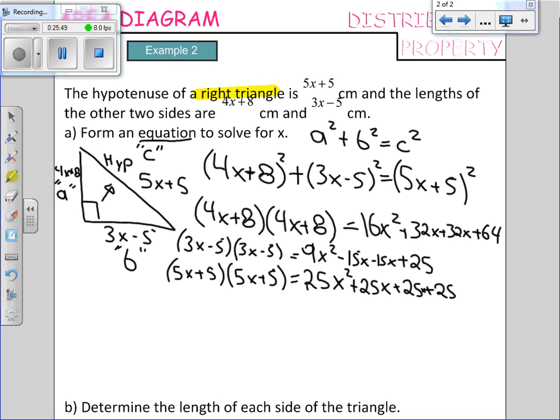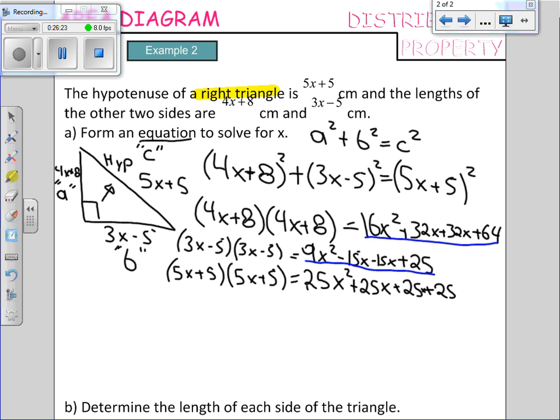And now you have a ton of numbers, right? We know we have to add this, and we have to add that. So go ahead and add it. What do we have for x squared if we add those two things together? 16 plus 9 is what here? 25x squared.